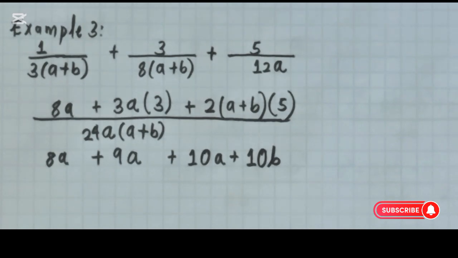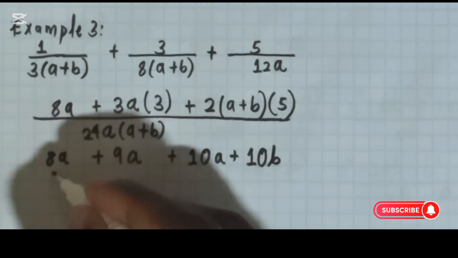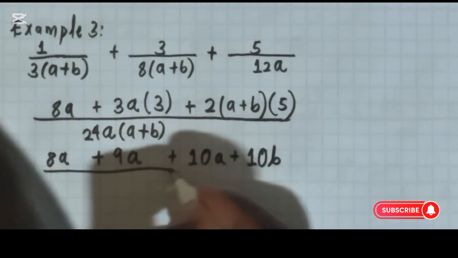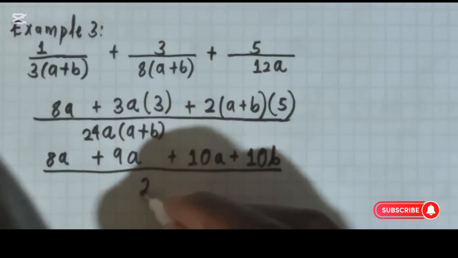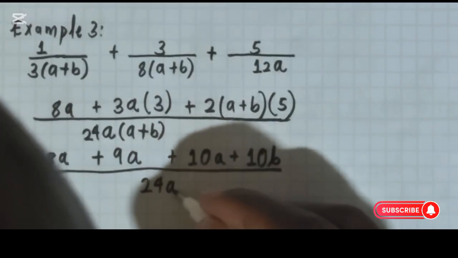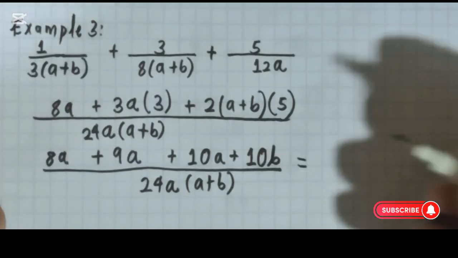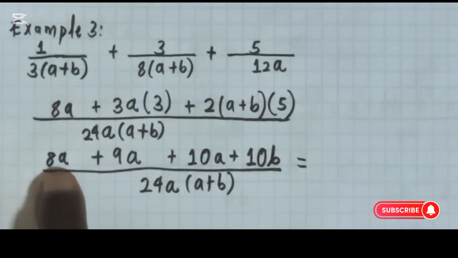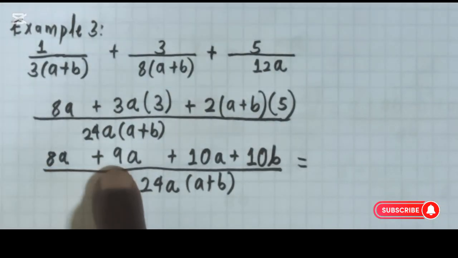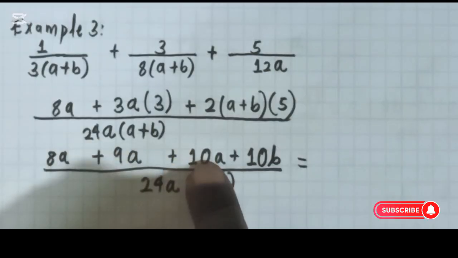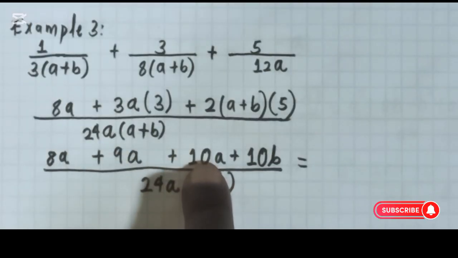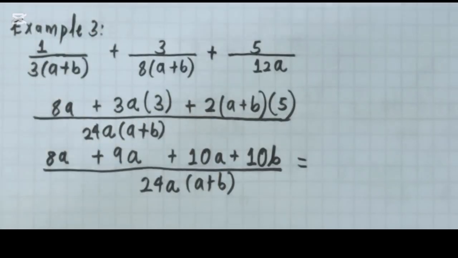When you collect like terms, which are already together in this scenario, so we don't have to do much work, we are going to have 8a plus 9a plus 10a plus 10b all over whatever we have in our denominator.